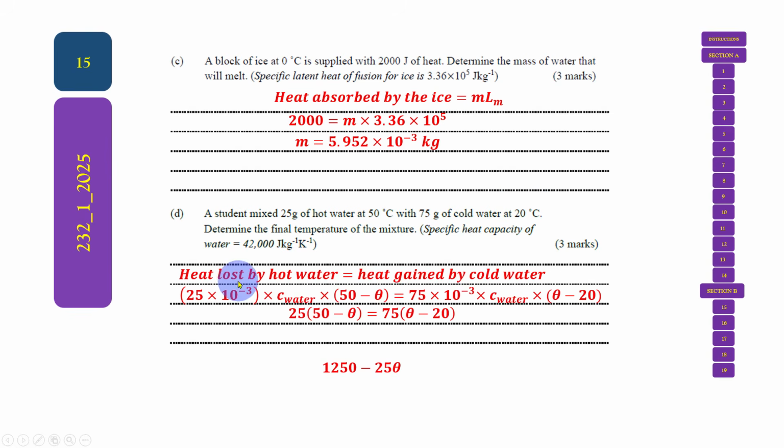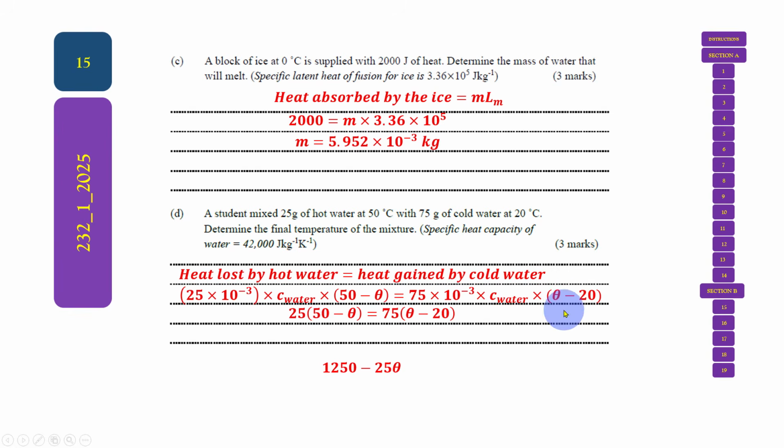And here, by using that expression, heat lost by hot water is given by mcΔθ. m is the mass of the hot water, c is the specific capacity of water, and Δθ is the change in temperature of the hot water. Remember, the final temperature of the mixture will be θ, so θ is lower than 50. But when it comes to the cold water, heat gained by cold water, its temperature is going to rise from 20 degrees Celsius all the way to θ.